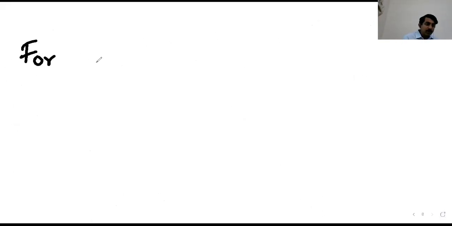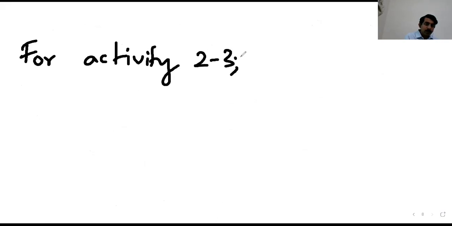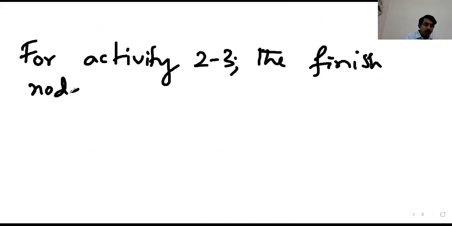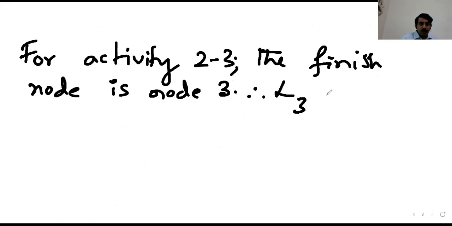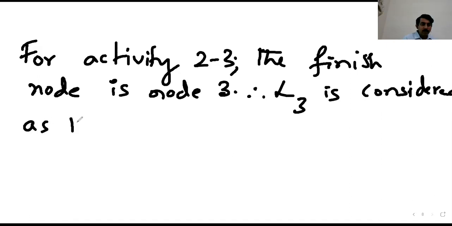So for activity 2-3, the finishing node is node 3. Therefore, L3 is considered the late finish.